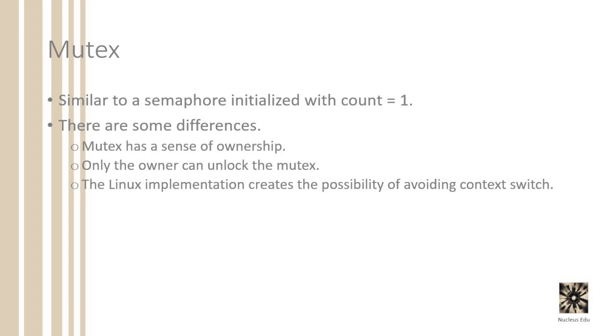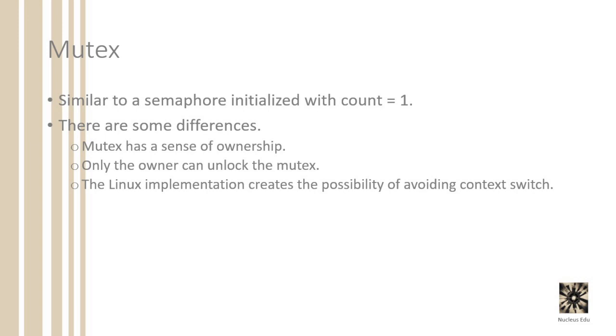Right, and this is one big difference between mutex and semaphores in the Linux kernel implementation. In mutex there is an intermediate phase where, if the mutex is not available and a task is trying to acquire it, it tries for a little while and waits for the mutex to be available before scheduling itself out.